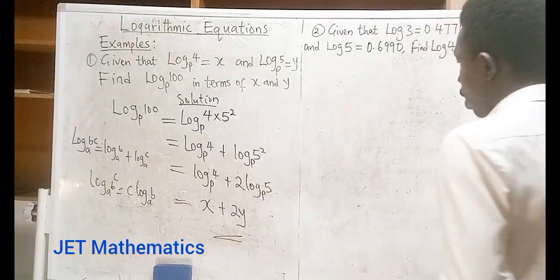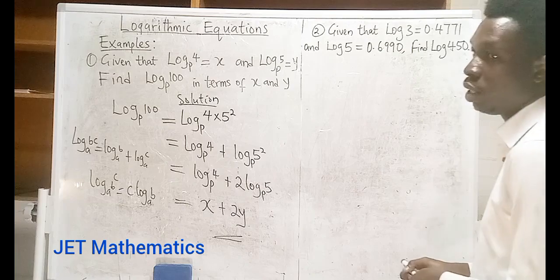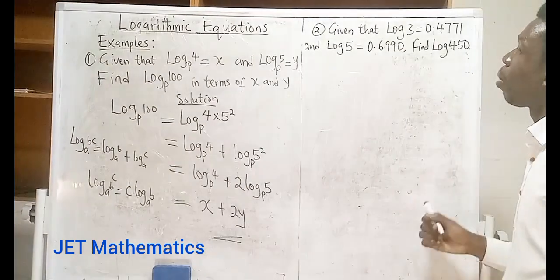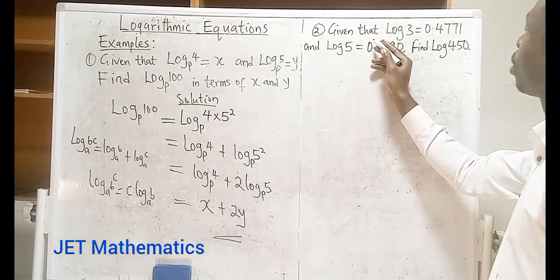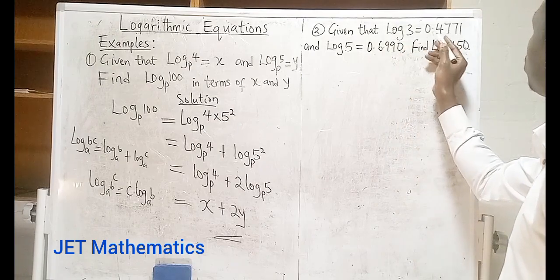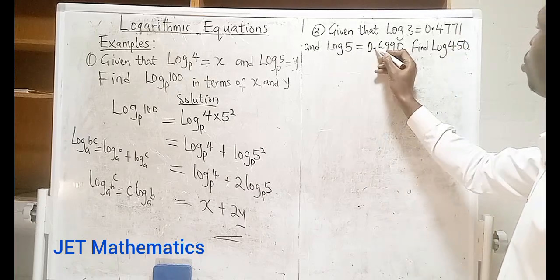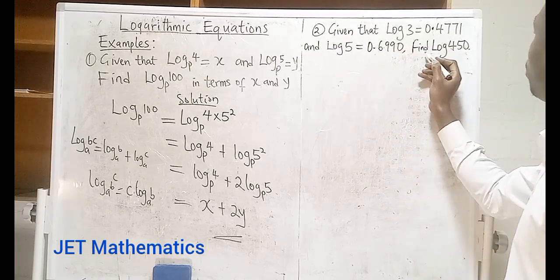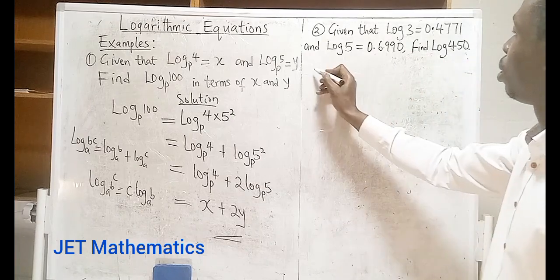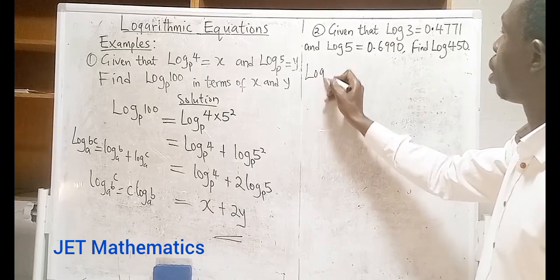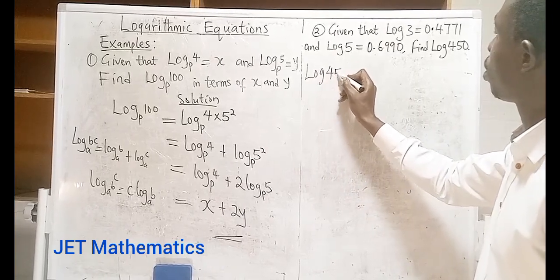These are kinds of problems you see in any typical exams. Given that log 3 is 0.4771 and log 5 is 0.6990, we have been asked to find log 450. So we'll start with log 450.